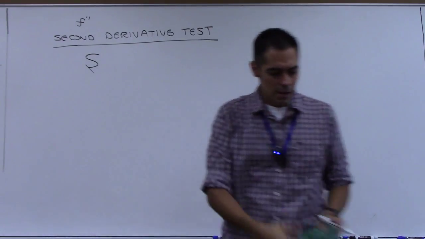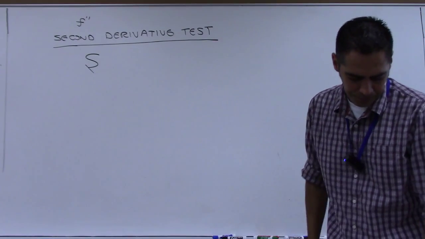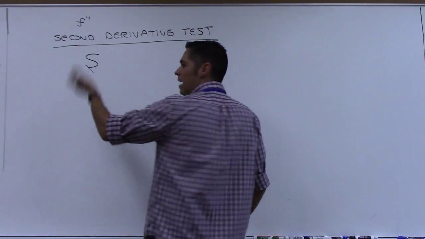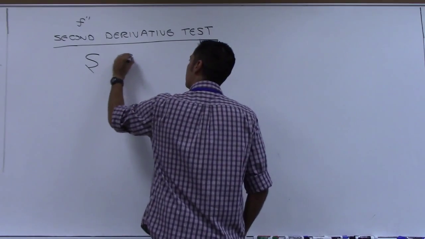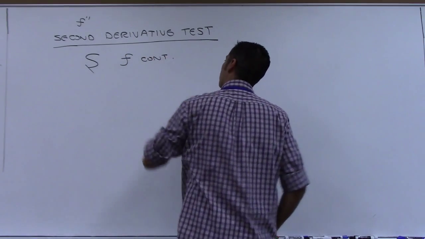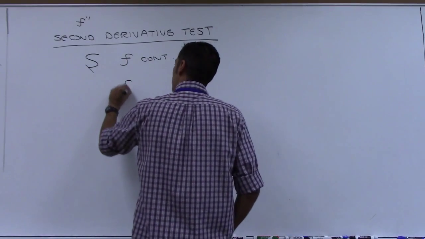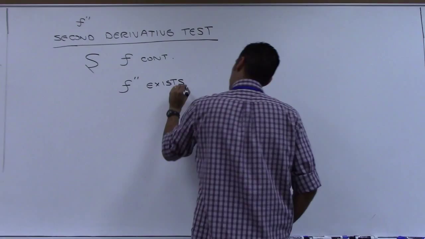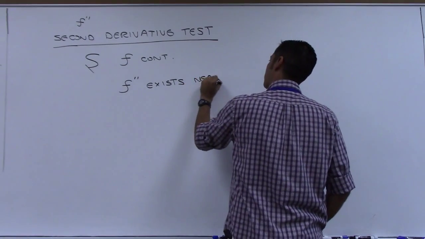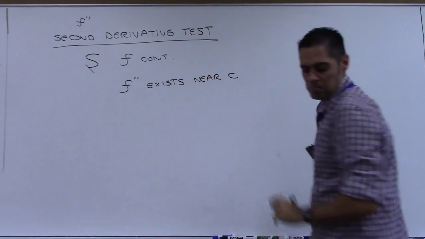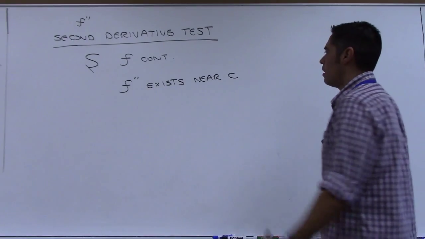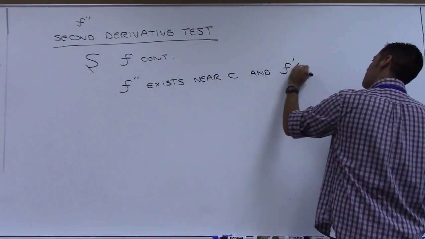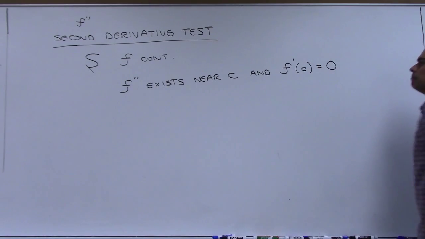All right. So suppose, again, f is a continuous function, and suppose f double prime exists near C, and f prime of C equals 0.